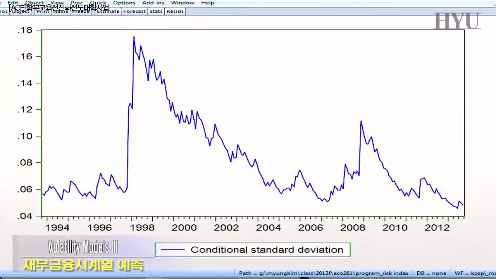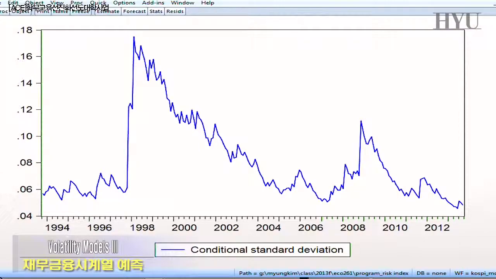If you recall, because our data is monthly, this scale corresponds to volatility measured in terms of monthly frequency. So usually we multiply this figure by the square root of 12 to make it an annualized figure, right?